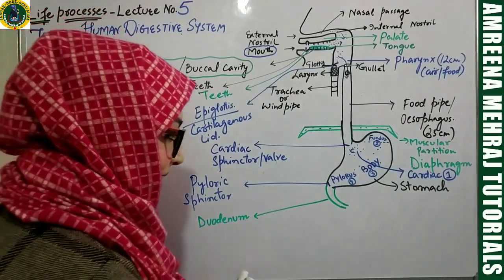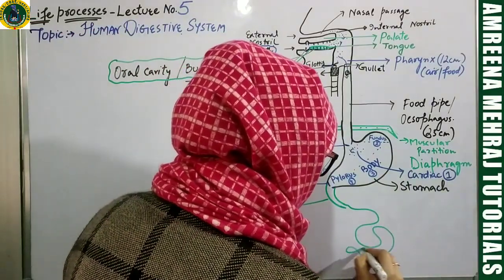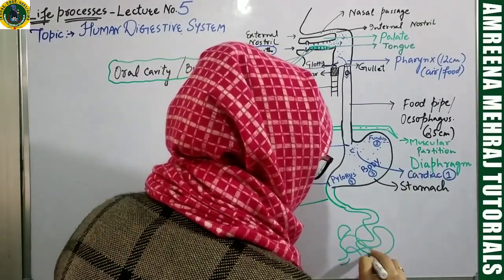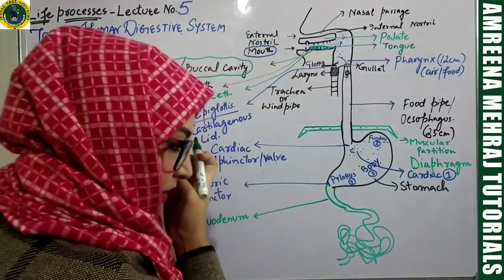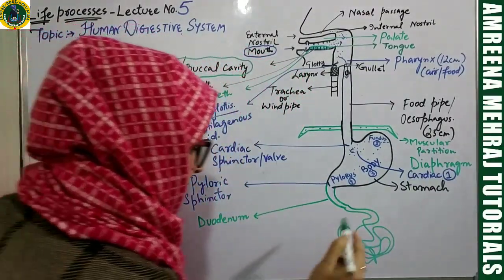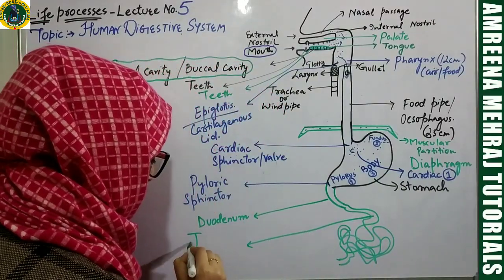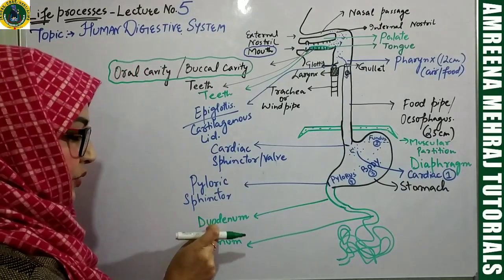Okay. And then you have to show this mesh kind of a thing. This forms the rest of your small intestines over here. So this is highly coiled. The immediate next part is called the jejunum. Smallest part is duodenum.